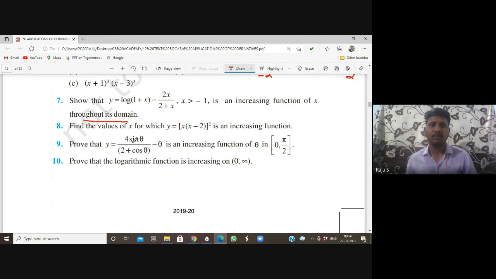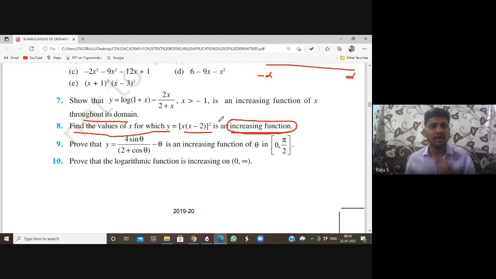We have only 1 minute more. So here also just find the values of x for which it is increasing. See, students, in that they already give an increasing function. Already given increasing. What is the condition for an increasing function? f dash of x is greater than or equal to 0. Yes, you have to take directly.